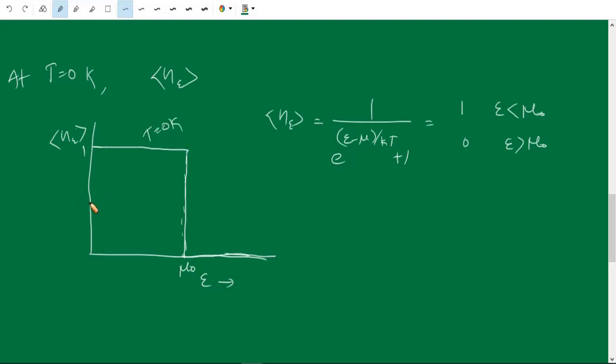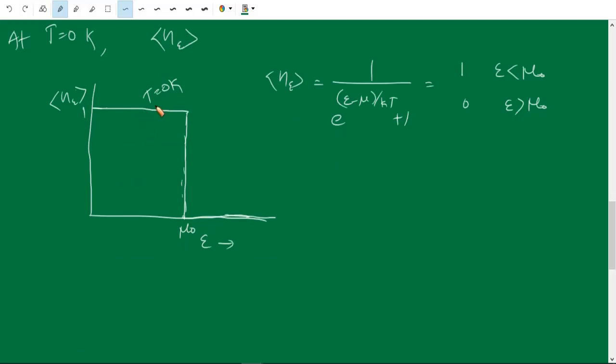Now let us see when the temperature is very small but not 0 Kelvin. In that case the mean occupation number graph will be like this. The graph deviates from the ground state graph, but the deviation is very small.